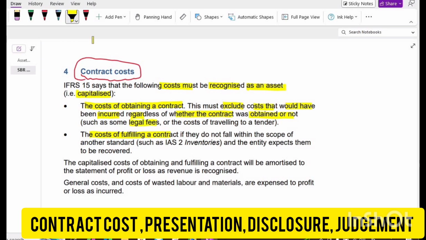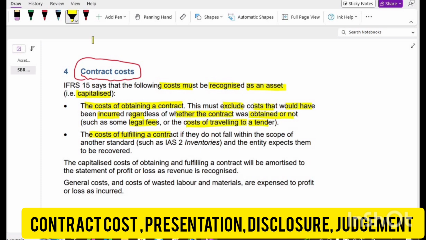So, for example, you have legal fees or cost of traveling to the tender, then that cost should not be part of the capitalized cost, because this cost is not related to the contract. It could be incurred whether you are getting the contract or not. Clear?